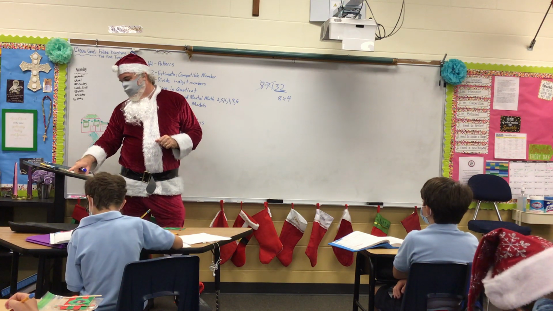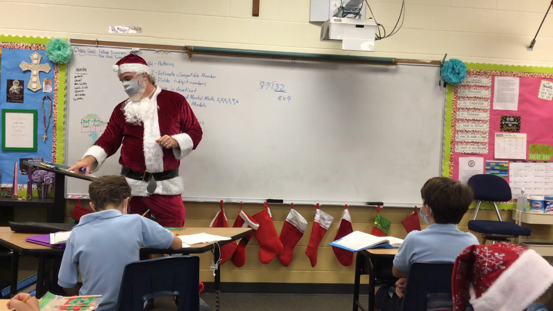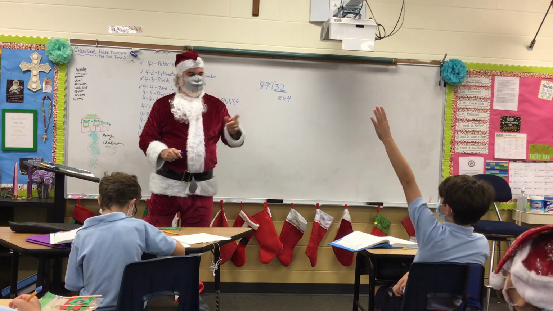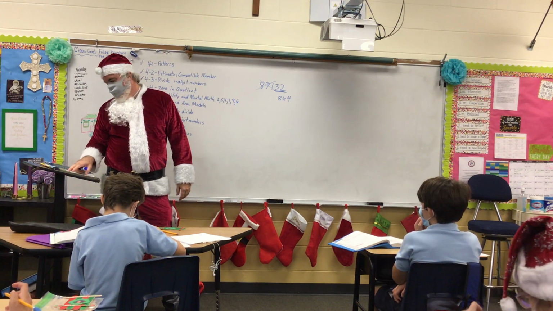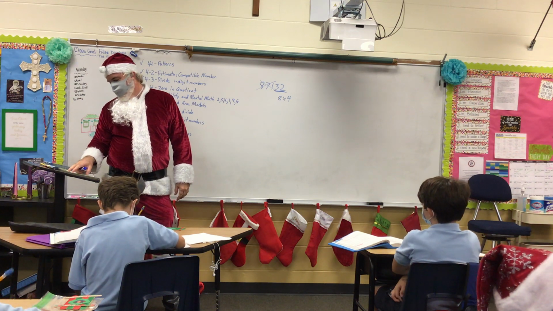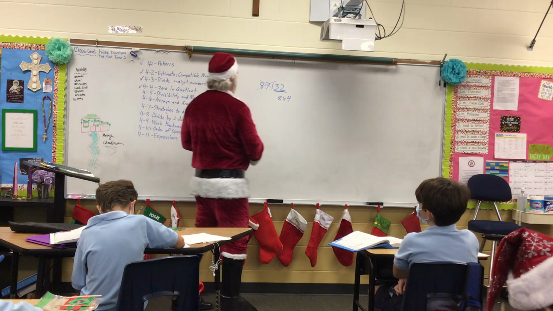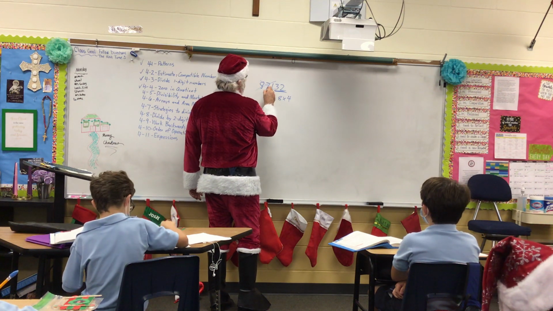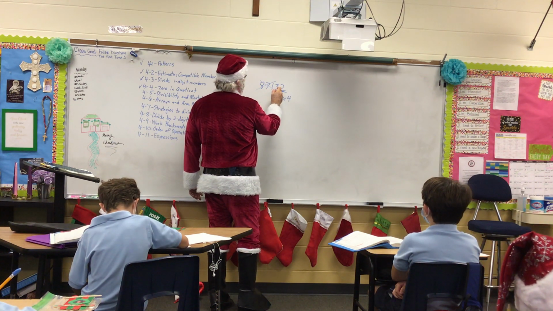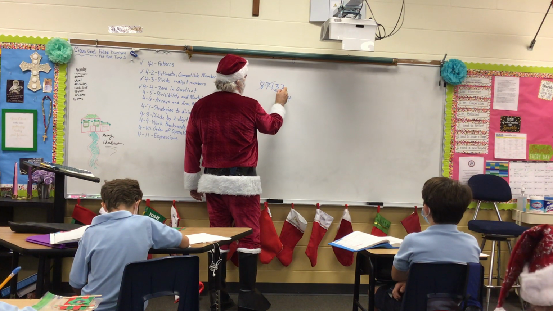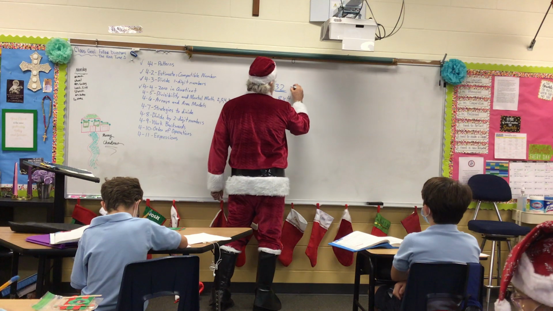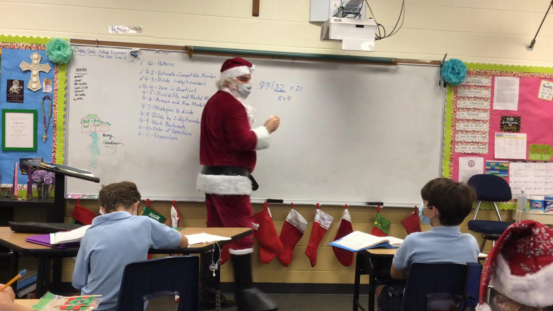Then we move on to 3. 3 was a tougher one. Don't you have to add them all up and then they have to be divisible by 3? Now, if I add this up, I get 8 and 7 is 15, 16, 19, 21. Is 21 divisible by 3?